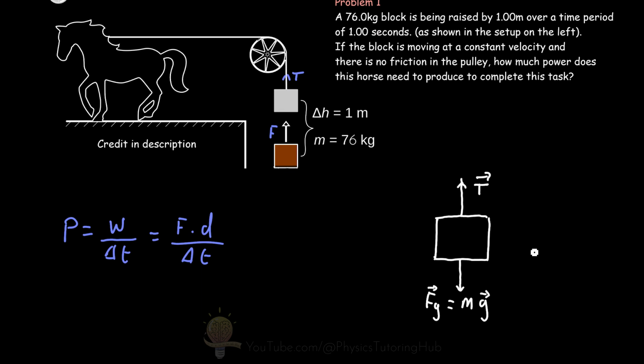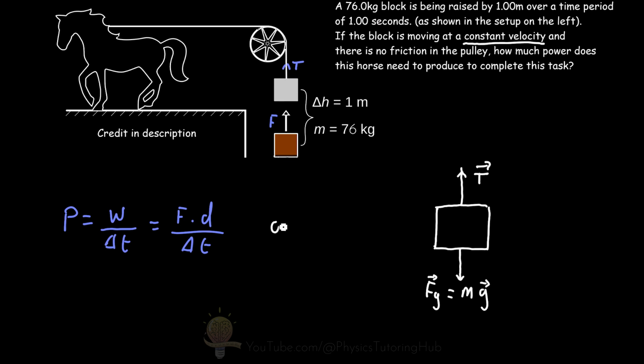Now our question says that the block is moving at a constant velocity. Now why is this important here? If this block's velocity doesn't change over this 1 second period here, then the acceleration is zero.